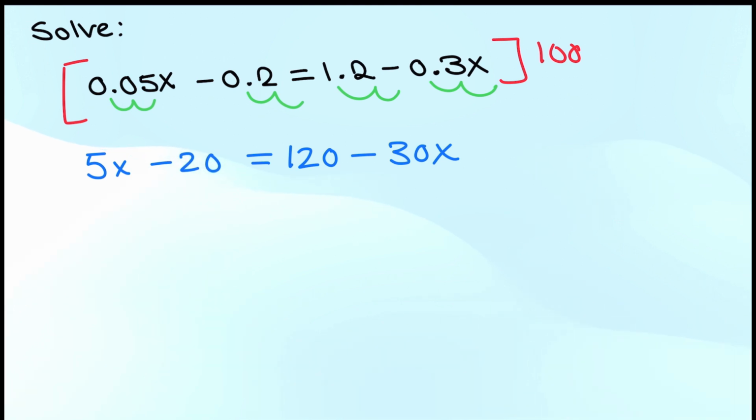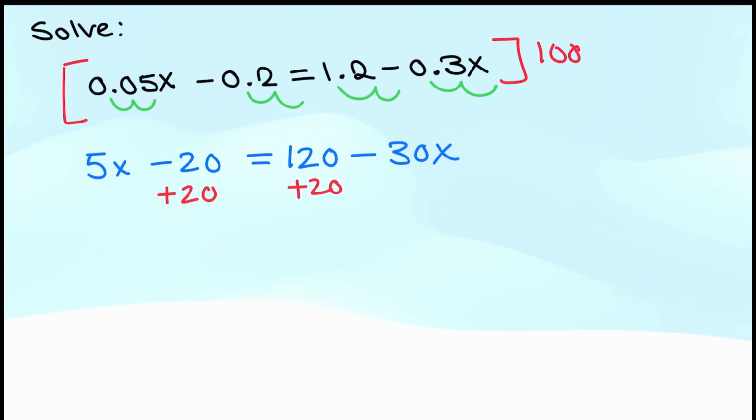So the left side is 5x minus 20. 1.2 times 100, again the decimal goes two places to the right, that's 120. And then finally 0.3x times 100, the decimal goes two places to the right, that is a 30x. So my equation is 5x minus 20 equals 120 minus 30x.